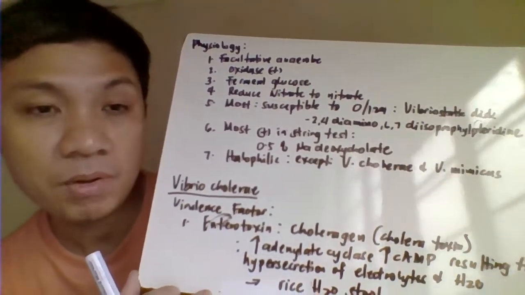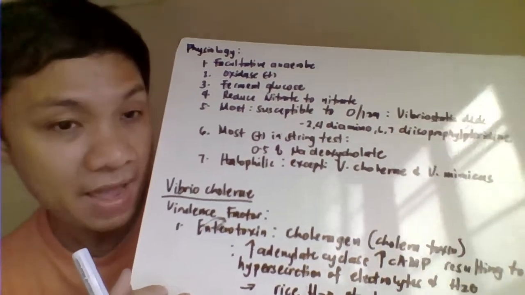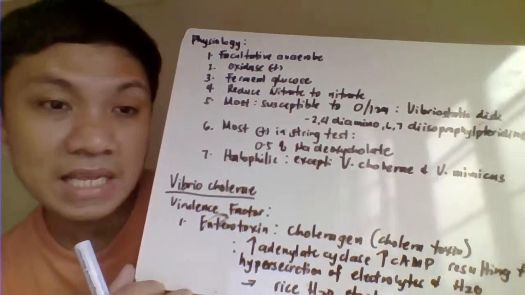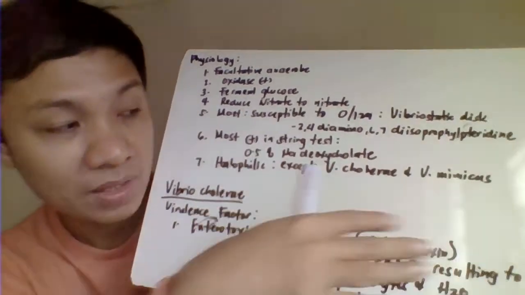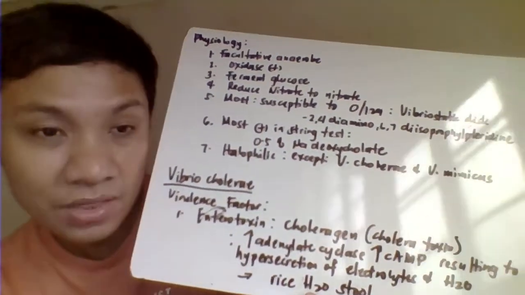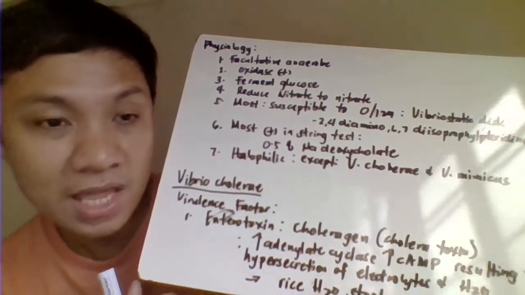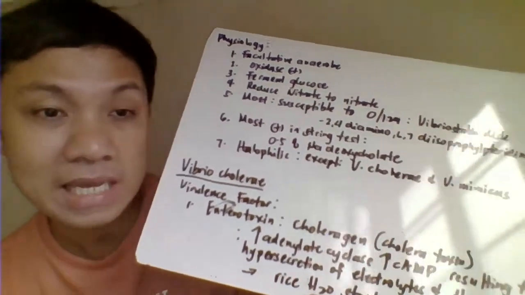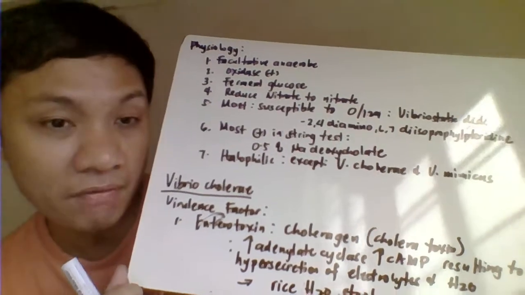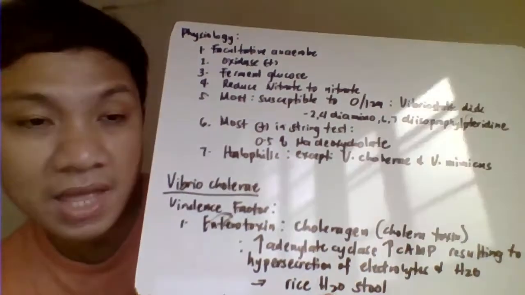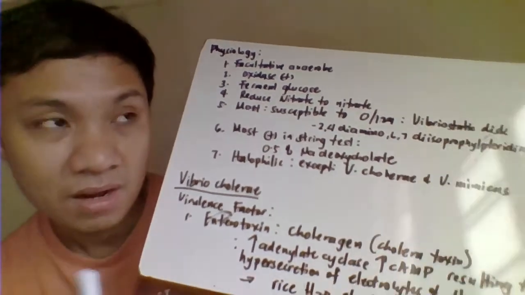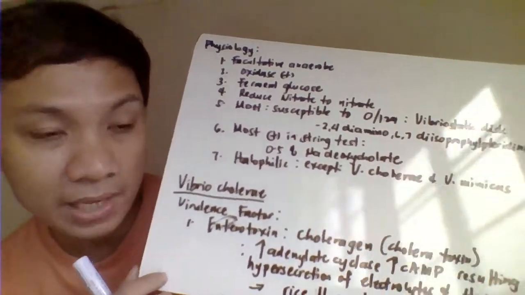These two can survive in the presence or even the absence of high salt, but the other Vibrios survive only in the presence of high sodium chloride and will die without it. The exceptions to halophilic are Vibrio mimicus and Vibrio cholerae.